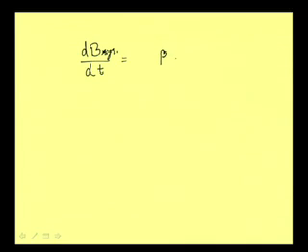For a small elementary volume dV, the mass is rho dV, so beta multiplied by the small mass of that differential volume gives the property, and we can integrate over the control volume.